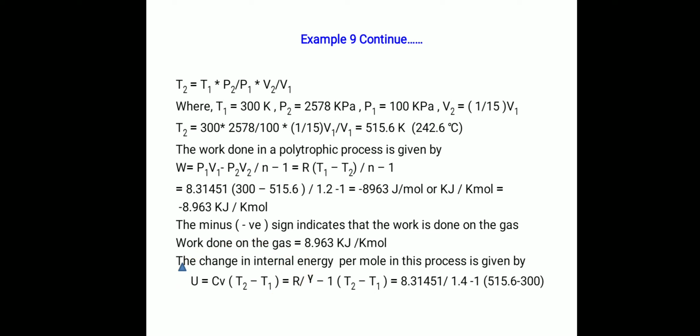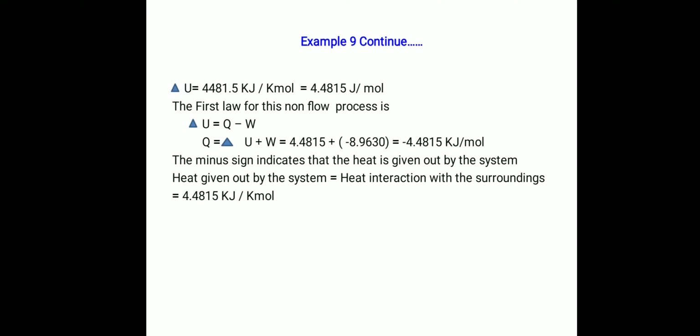With the help of this, we can calculate the delta U value, that is Cv into T2 minus T1, or it is also written as R upon gamma minus 1 into T2 minus T1. So put the values of R, gamma, T1 and T2, we get the value of delta U, that is 4481.5 kilojoules per kilomole.